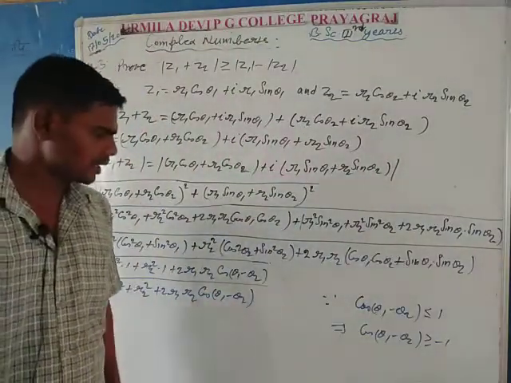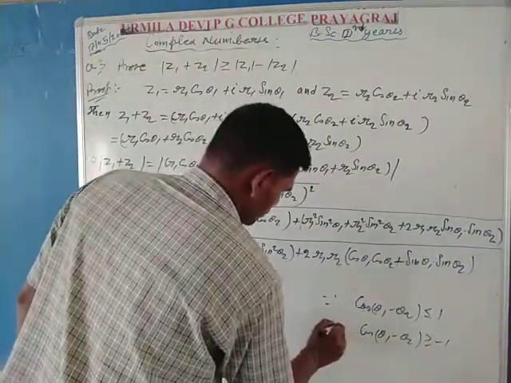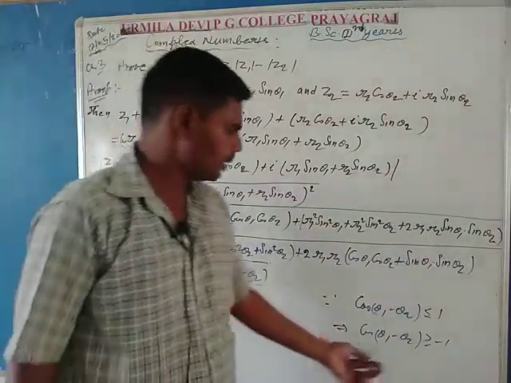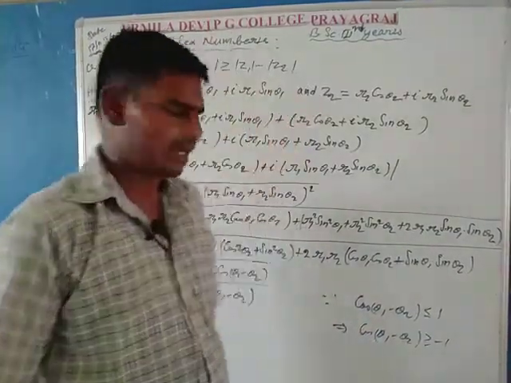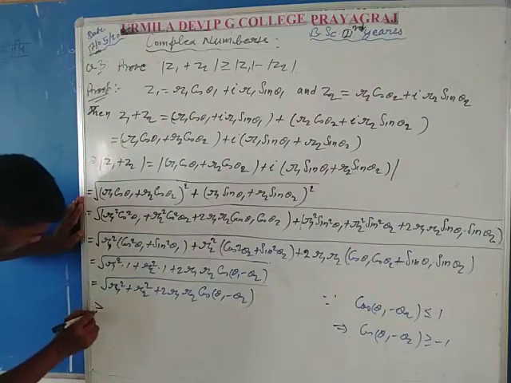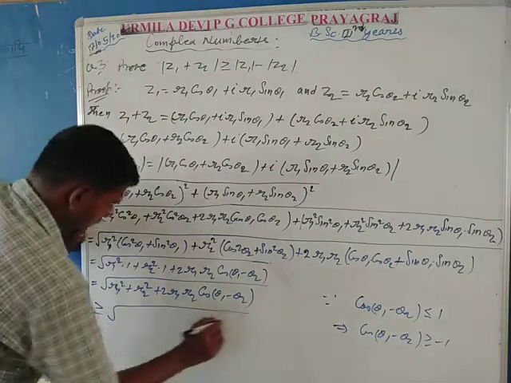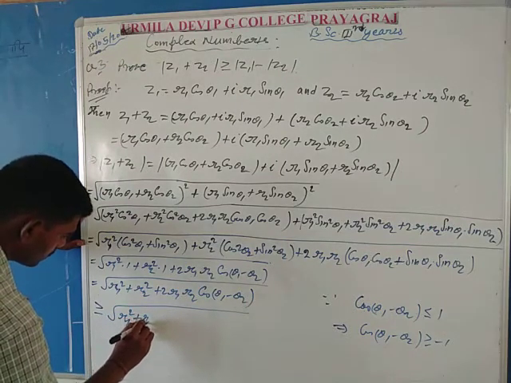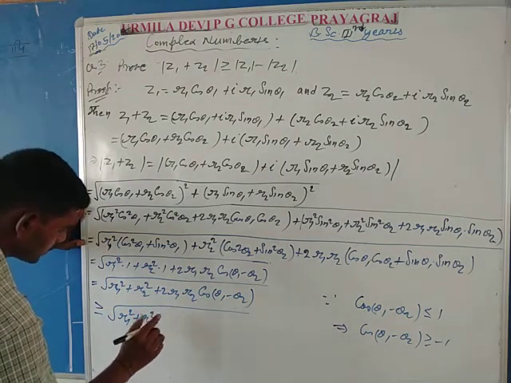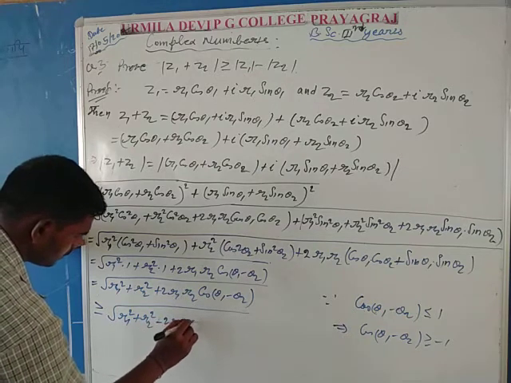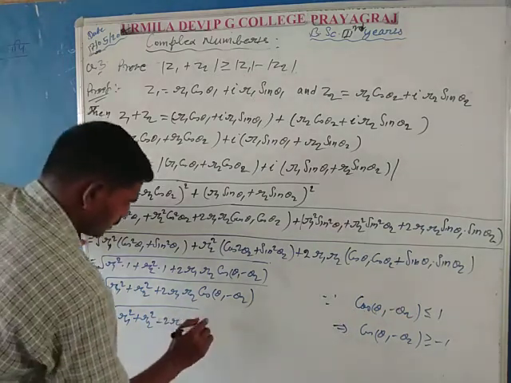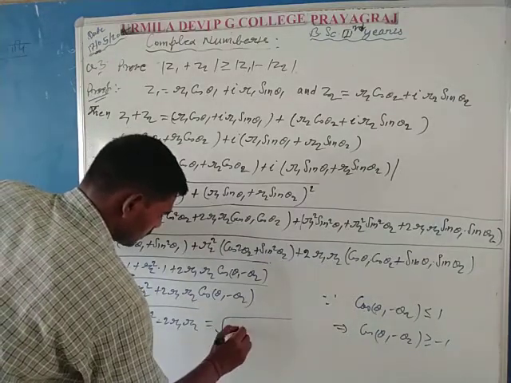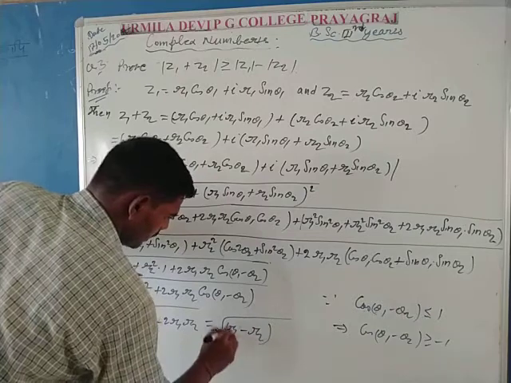So from this equation and this inequality, replacing cos (theta 1 minus theta 2) by minus 1, mod of Z1 plus Z2 is greater than or equal to the square root of R1 square plus R2 square minus 2 R1 R2, which is the square root of (R1 minus R2) whole square.